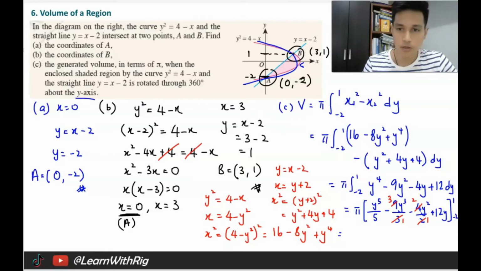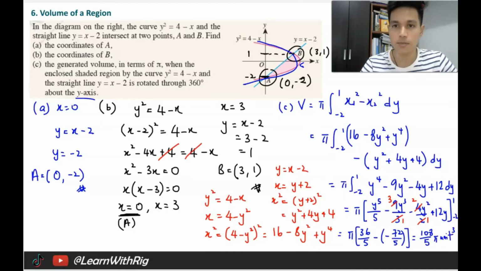When you substitute, you should get pi times 36 over 5 minus negative 72 over 5. So your final answer would be 108 over 5 pi units cubed. Sorry, I had to cram here. I don't have much space, but I'm sure you understand where I'm coming from. As long as you follow the formula, you can very likely solve it.